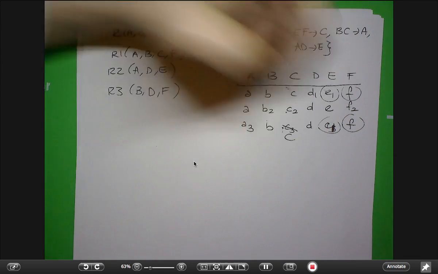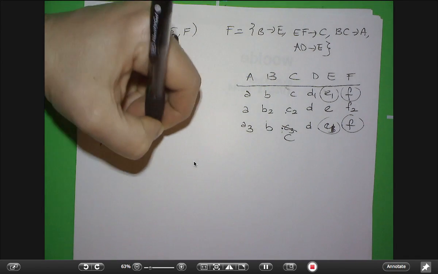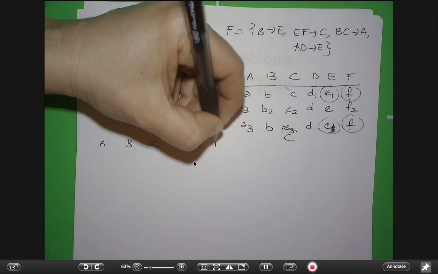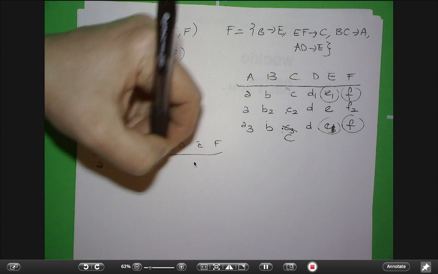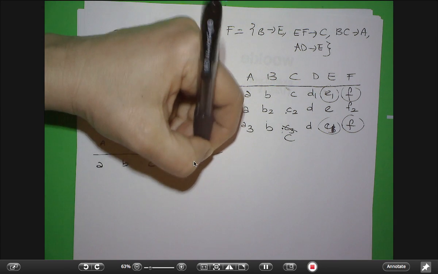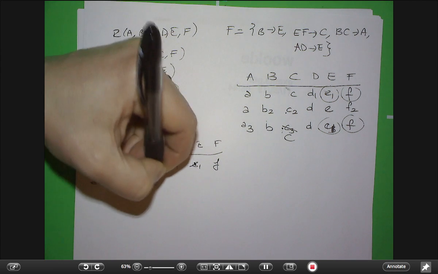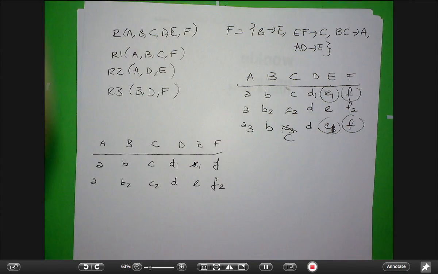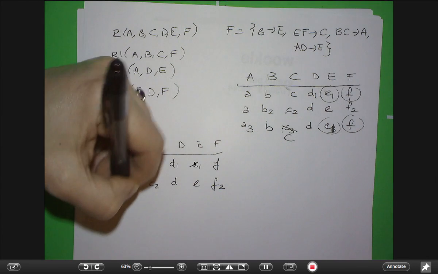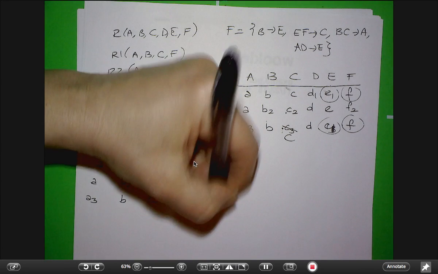So this I'm going to make into C. So let's write down where we are. I have A, B, C, D1, E1, F. I have A, B2, C2, D, E, and F2. And I have A3, B, C, D, E1, and F.